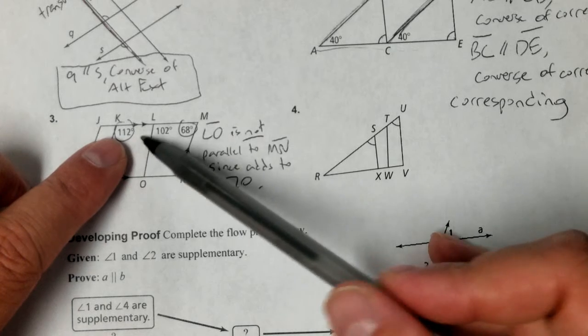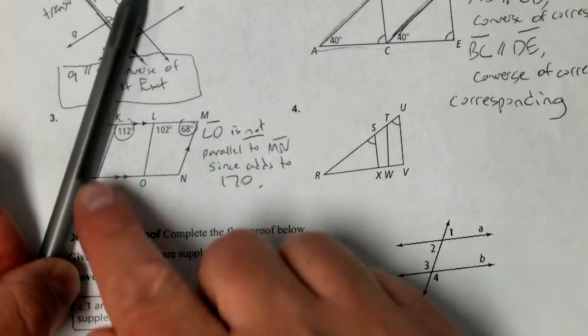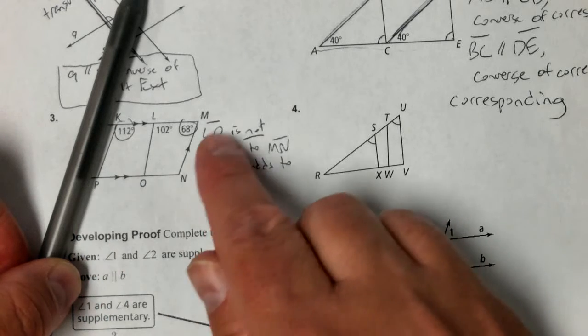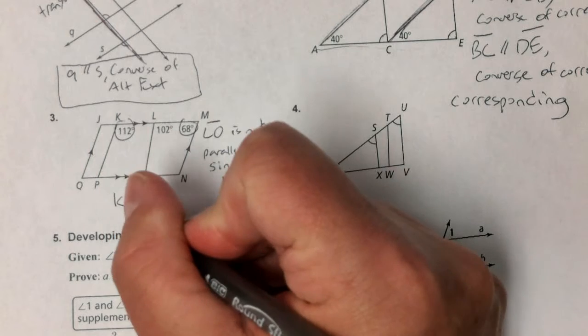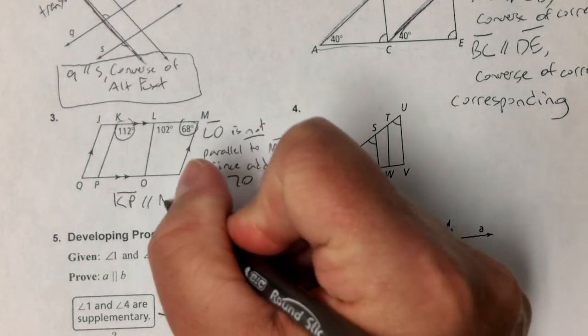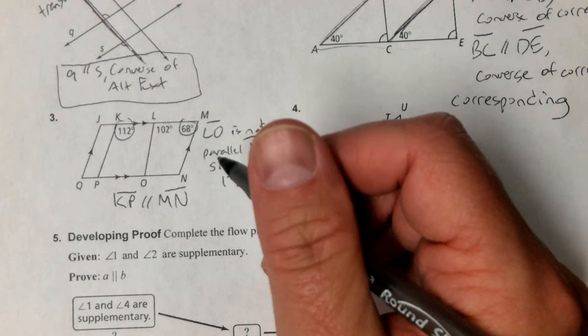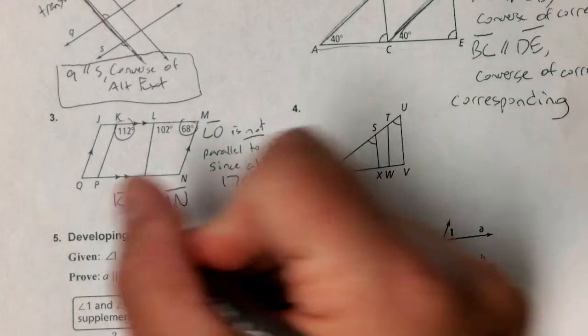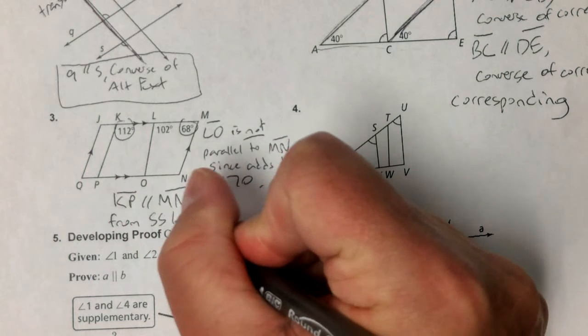And now you can see that these two do add up to 180, so it appears like KP is parallel to MN because of same side interior.